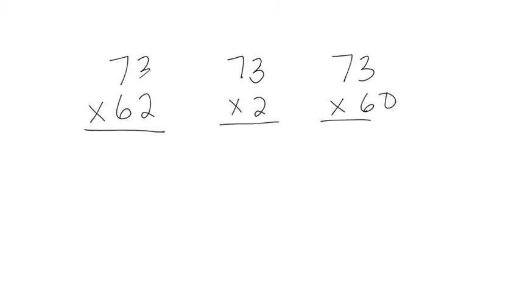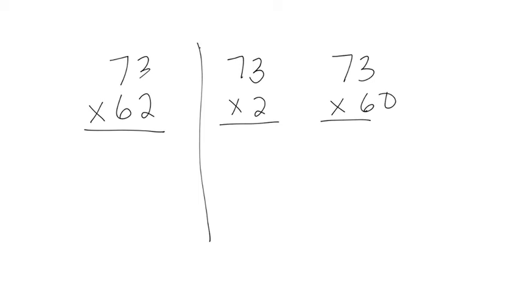Let's begin with 73 times 62. Solve using the partial products or the standard algorithm. Try it by yourself. Pause the video, and when you're ready, unpause and let's see if you're right. All right, let's take a look.